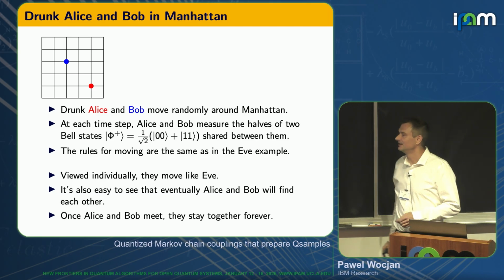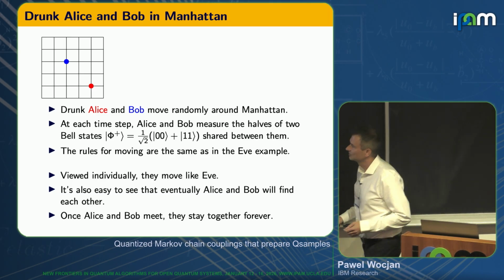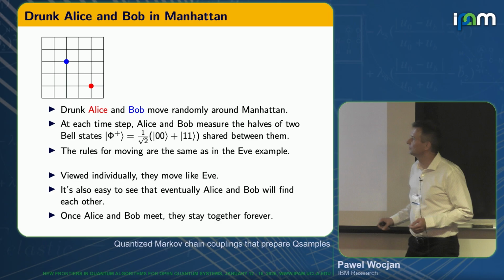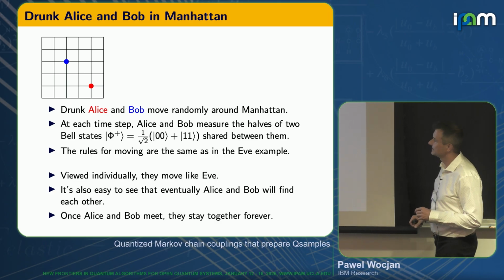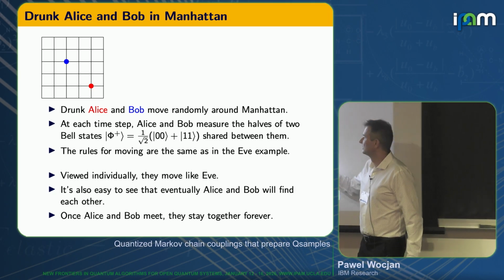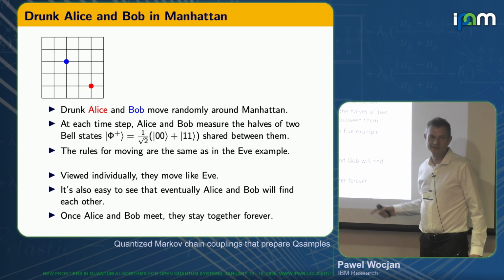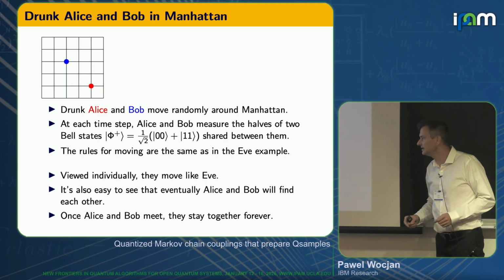So what this means is that if Alice has to go to the right, then Bob will also go to the right. And so the rules for moving are the same as in the previous example, the Eve example.